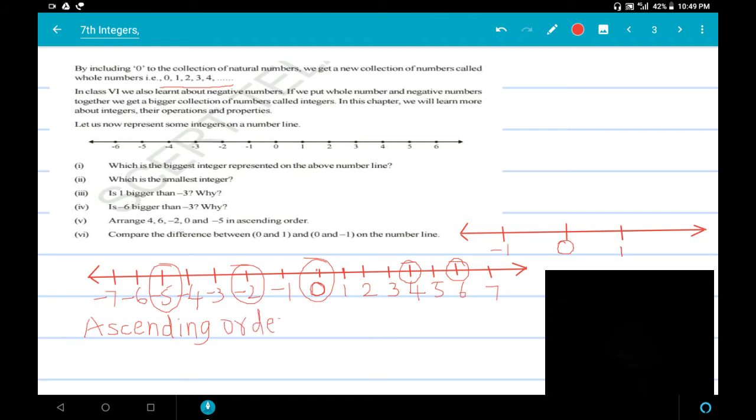Okay, already it is clear which is smaller among these: 4, 6, minus 2, 0 and minus 5. Here on the number line smallest number is minus 5.